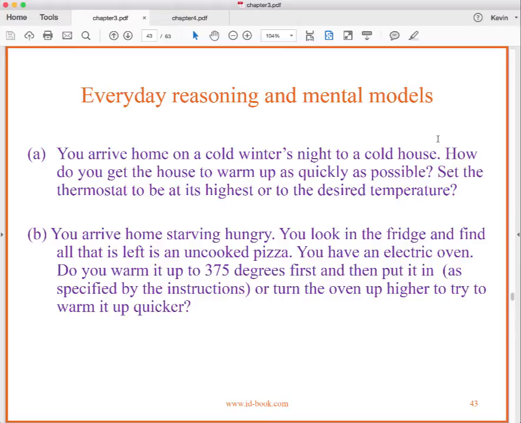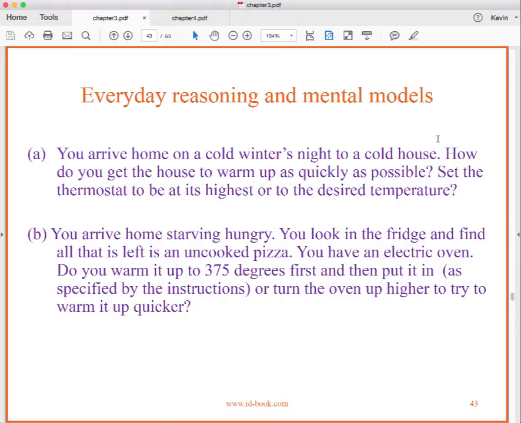Both examples here, we have a thermostat for a home, a room, and the other one is the temperature that you set on the oven, which is also thermostat based. So the question is, if you want to warm things up in a hurry, do you do better to ask for a higher temperature, or do you do better to ask for just the temperature that you want?